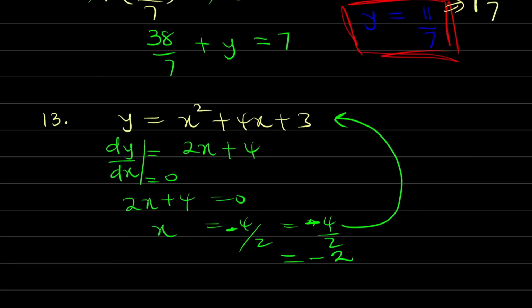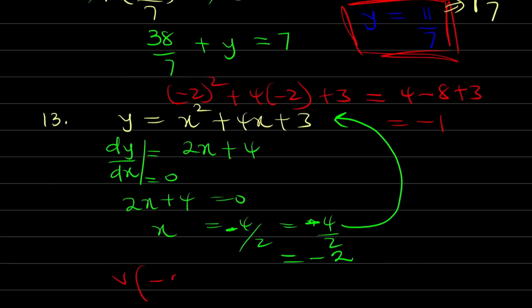So it means here you now have minus 2 squared plus 4 into minus 2, then plus 3. So whatever this gives you is your corresponding value for y, which is 4 minus 8 plus 3, which is negative 1. So the vertex we are looking for is negative 2 comma negative 1. So that is one way to look at it.